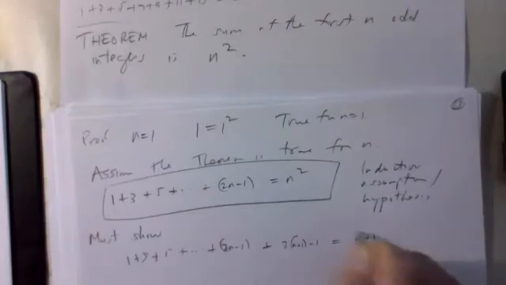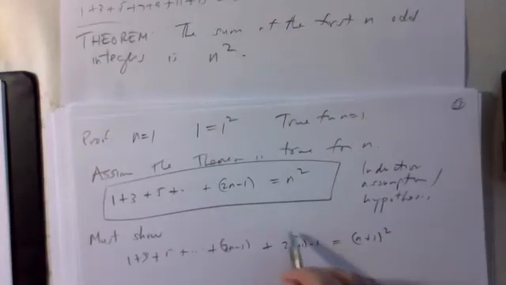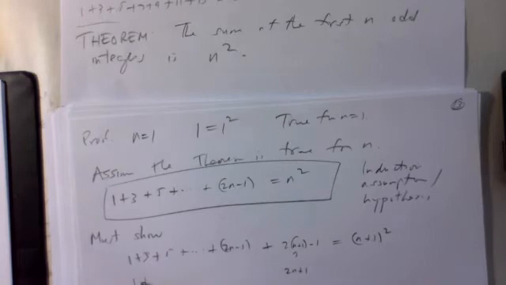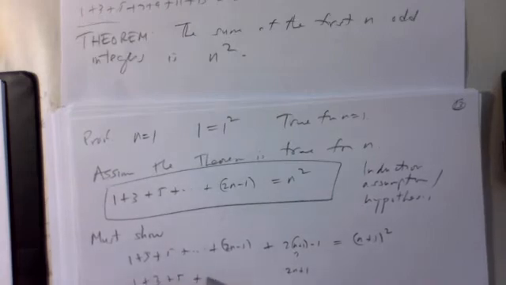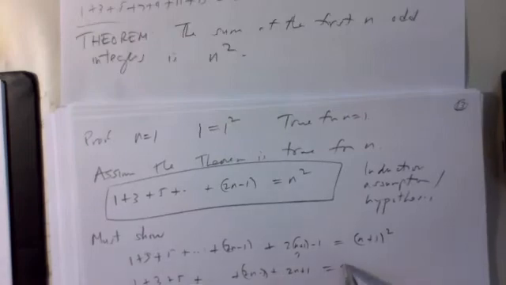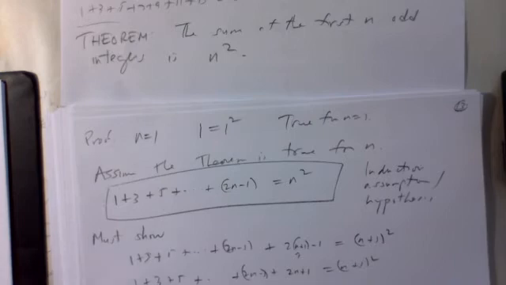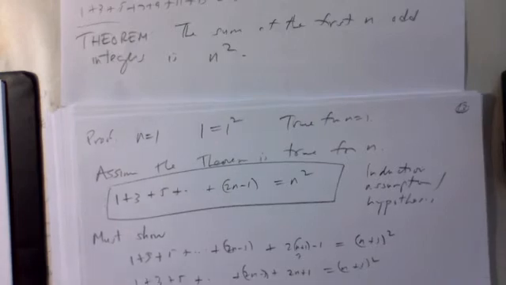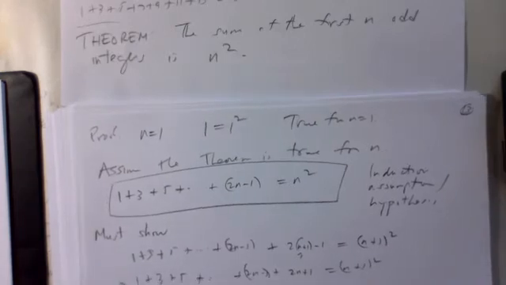And I want to show that's equal to n plus 1 squared. Of course, this is 2n plus 2 minus 1. This is 2n plus 1. Okay. This is what I want to show. Is this true? Well, let's see.